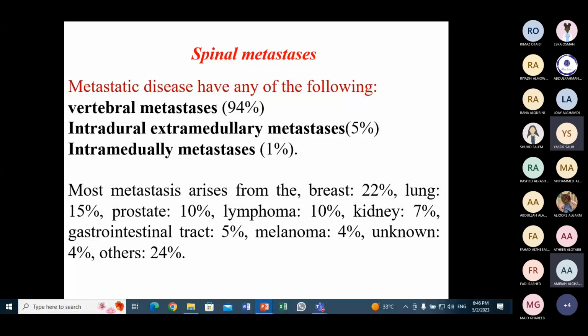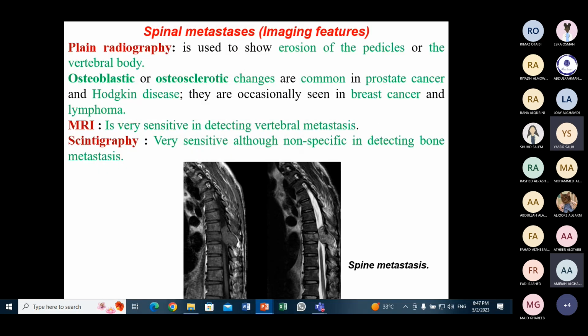Spinal metastasis is common in the vertebral column, especially in the pedicle, but it can be seen in the intramedullary or extramedullary compartments of the spine. Most primaries can metastasize to the spine, especially breast, lung, prostate, lymphoma and kidney. All these can metastasize to the spine.